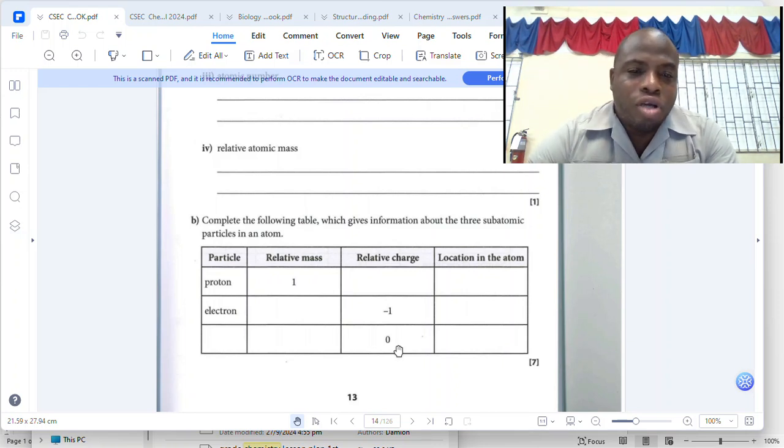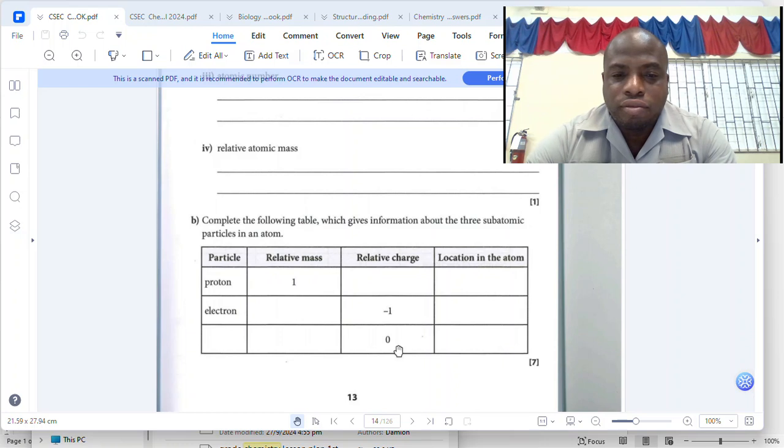For the electron, the mass is like 1 over 1870. So it's really insignificant when it comes to the mass. And of course, the mass of a neutron is 1.